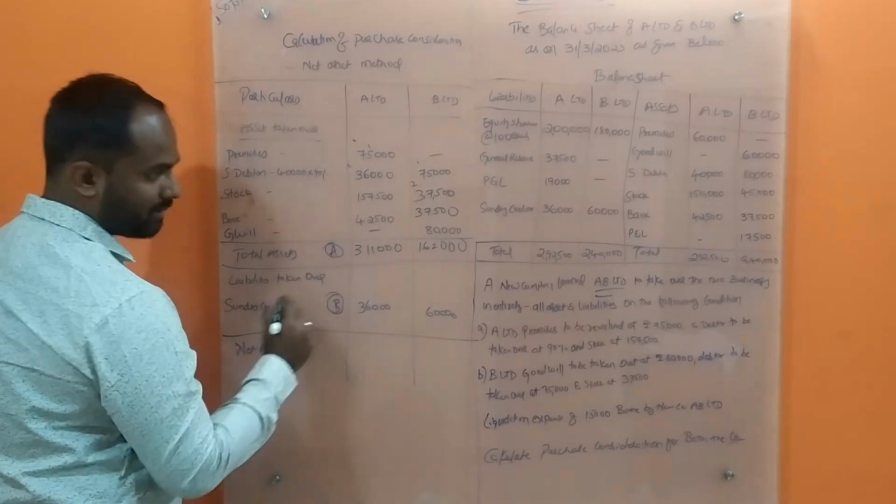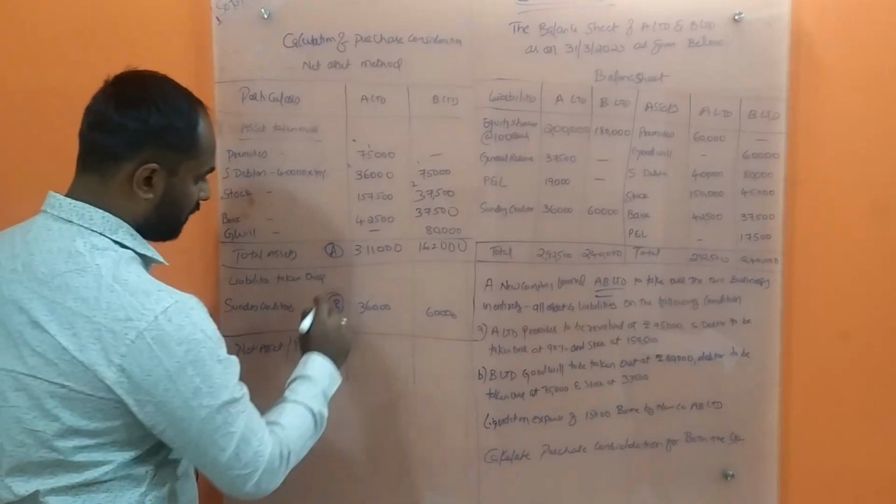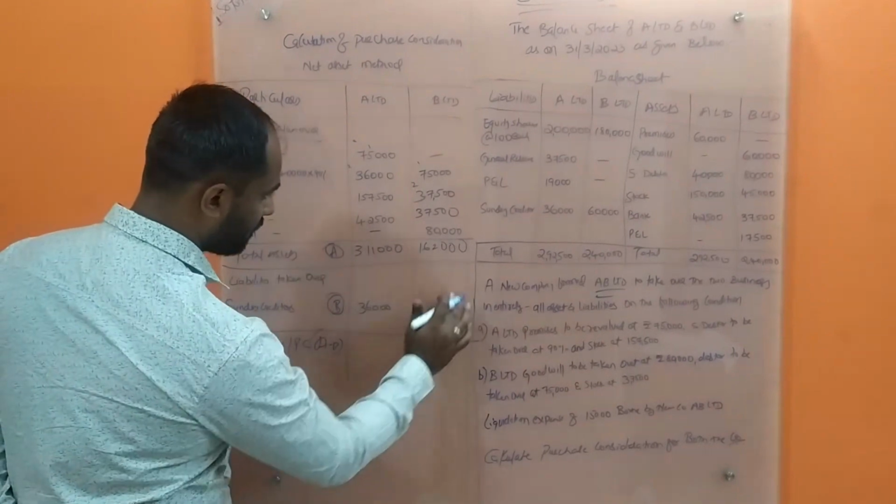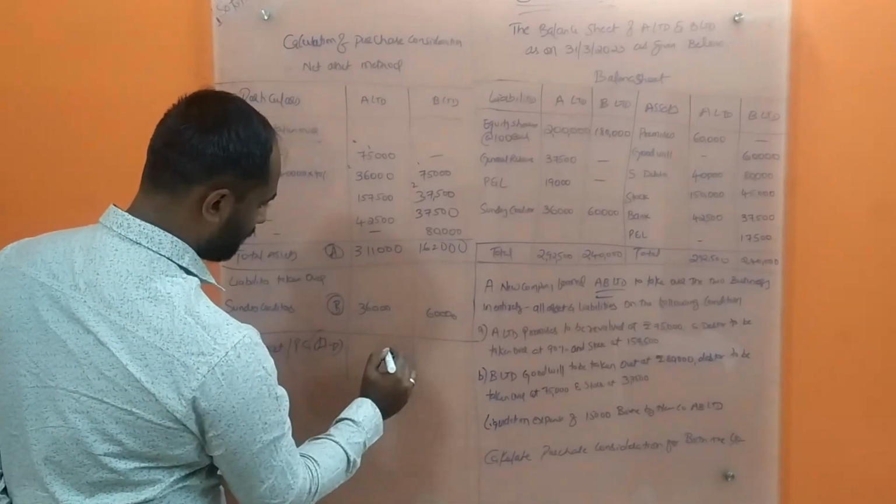Now your net asset or PC, both are the same for this problem. So A minus B. What is your A minus B? First we will put 36,000. We have to reduce, right?